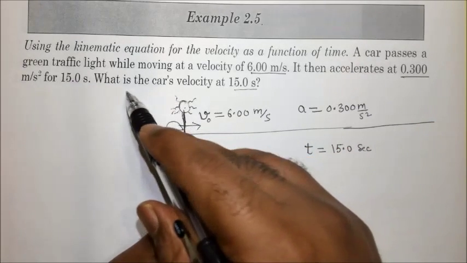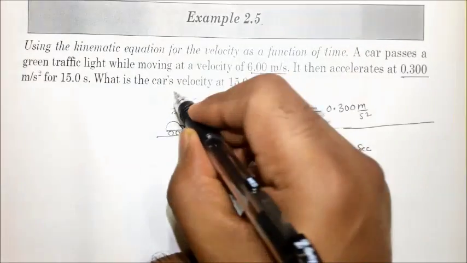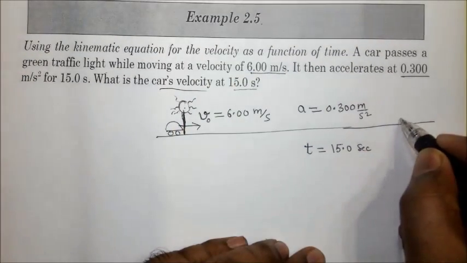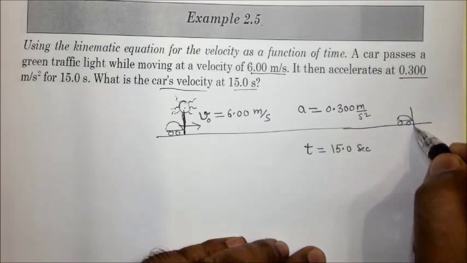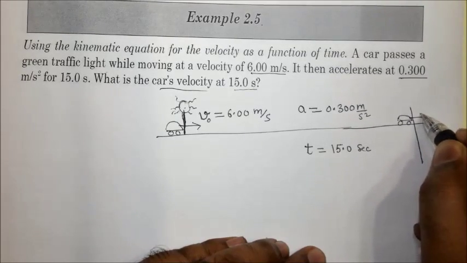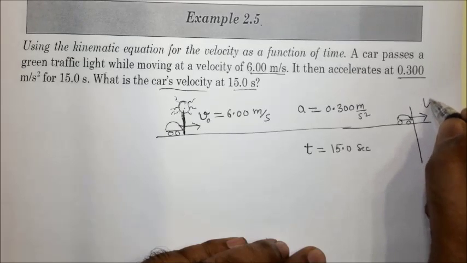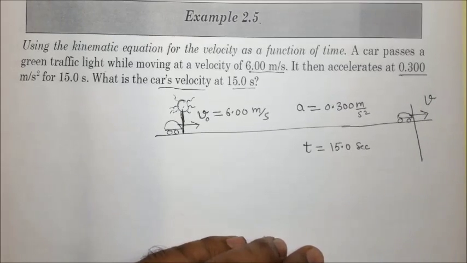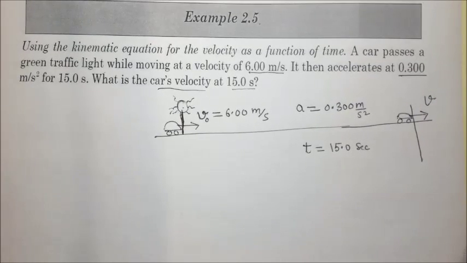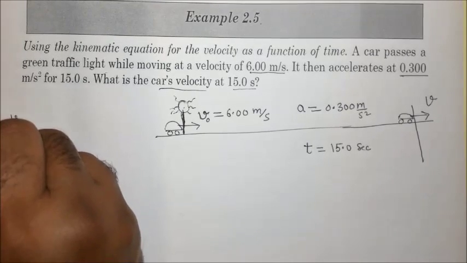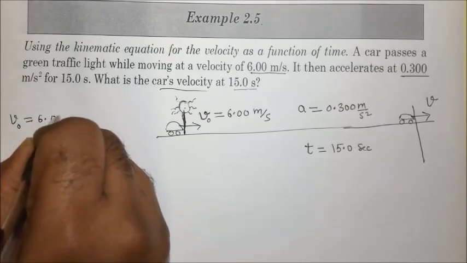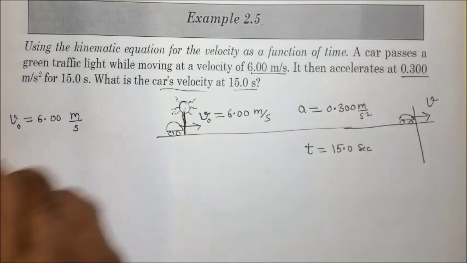So after 15.0 second, what is the car's velocity? Suppose the car comes somewhere here. What is the velocity of the car? That is V final we are looking for. So we have V initial is 6.00 meter per second.